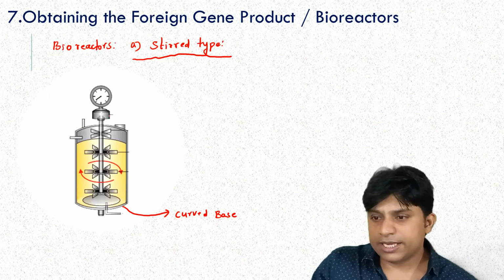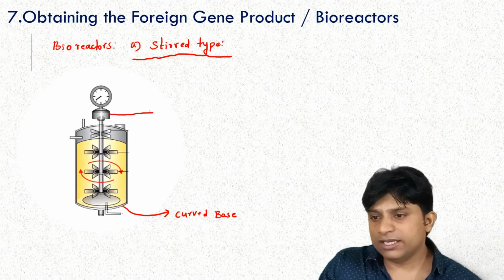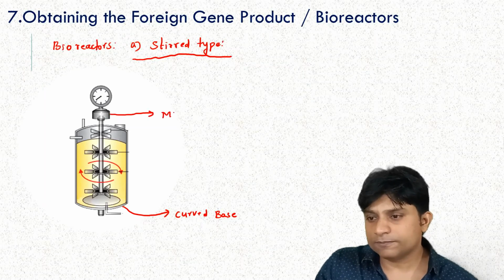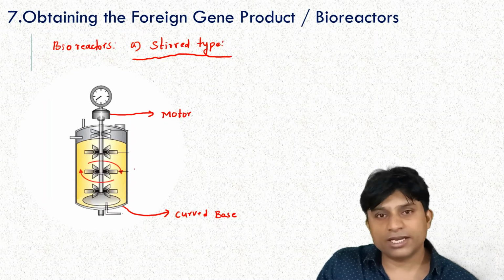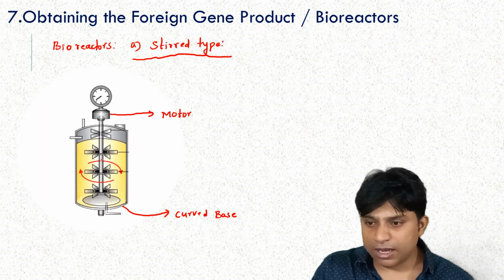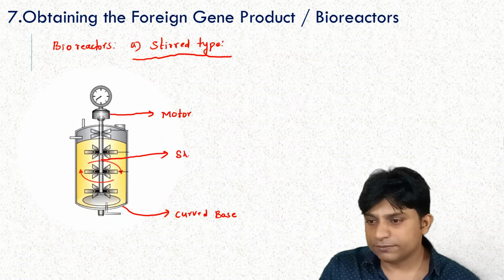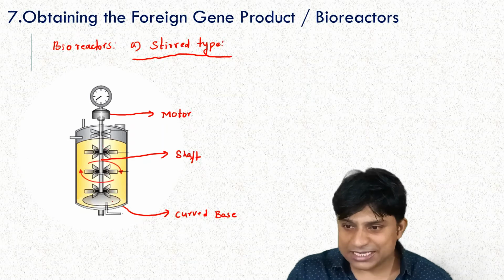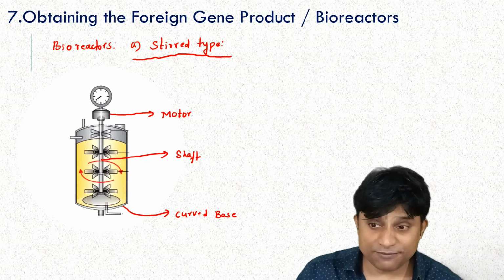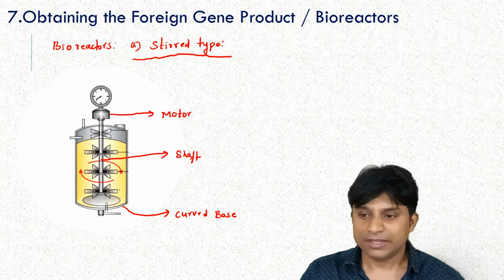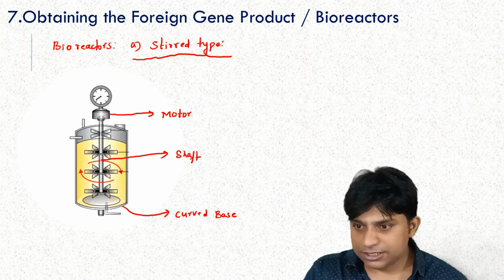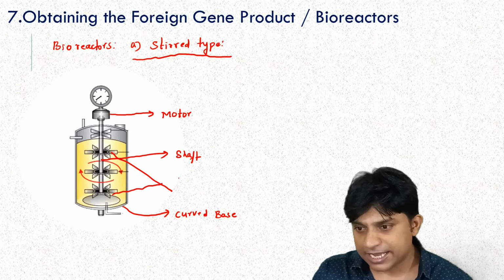Next, here is a motor. A motor is fit, and a shaft is attached to the motor. There are different fans you can see in this, and these fans have different functions. I'm marking these fans as 1, 2, 3.